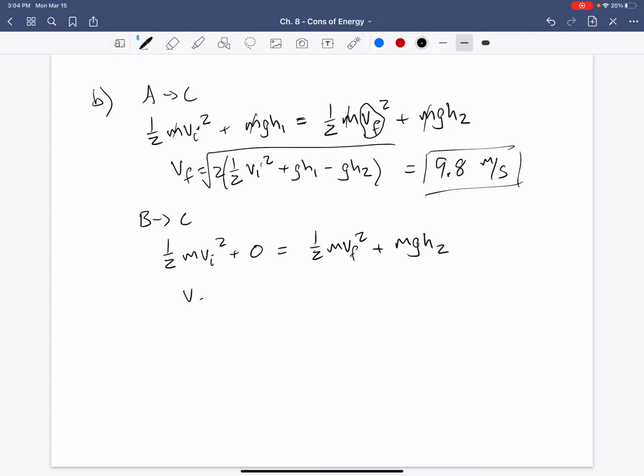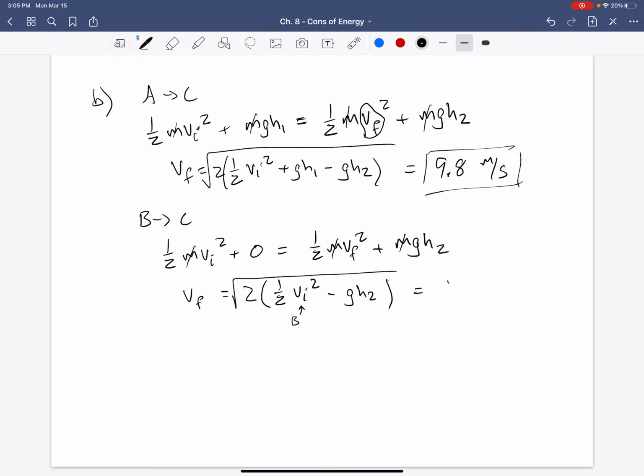And so again, after some algebra, masses cancel. After a little bit of algebra, we have 1/2 v initial squared, and again, this is the speed at B, which we found in part A, minus gh2. That's all times 2 and square rooted.